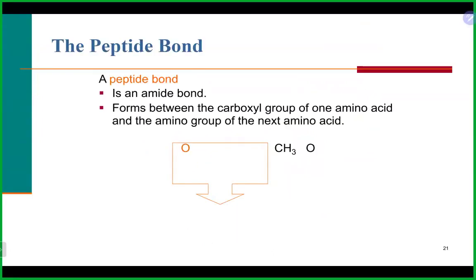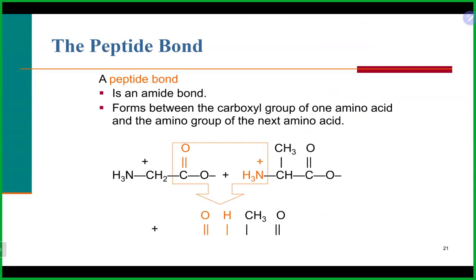So let's talk a little about how we form that peptide bond, and it should look fairly familiar to you. This is essentially the amide bond, the bond we make when we make an amide. And just like then, we're going to take out water to do so. In this case, we take out a couple of hydrogens and an oxygen, and that comes out as water.